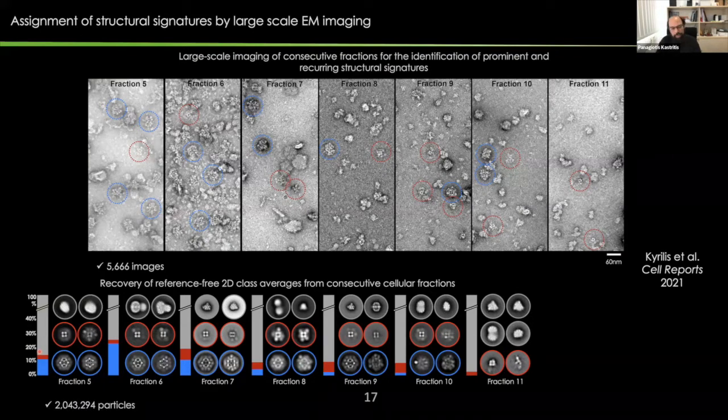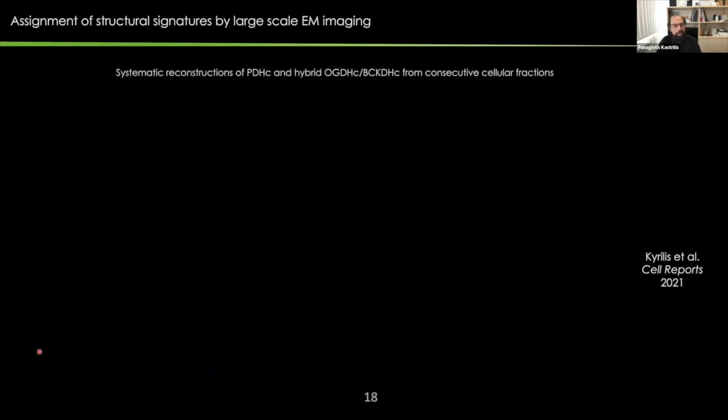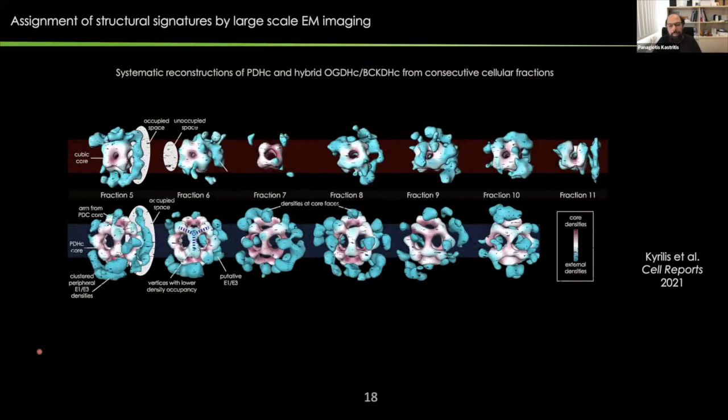So after we collected all of these particles, we did the classification, and then we could systematically reconstruct, in every single fraction in which our two molecules of interest elute, their overall shape from our low resolution negative stain data.